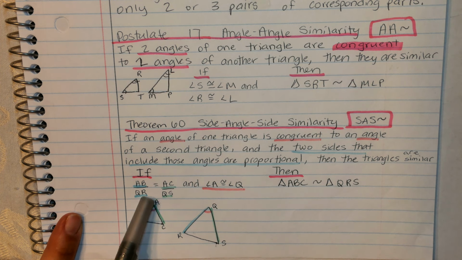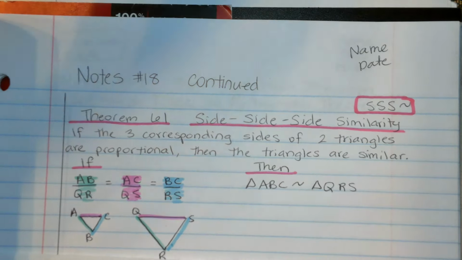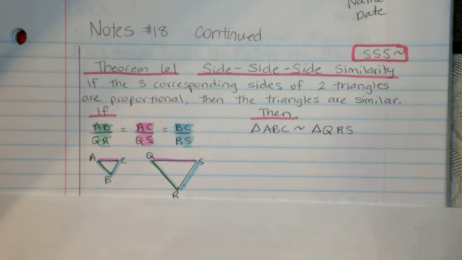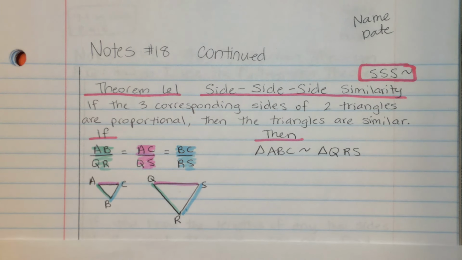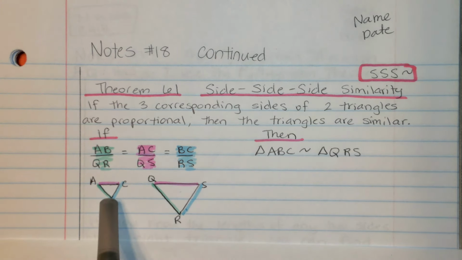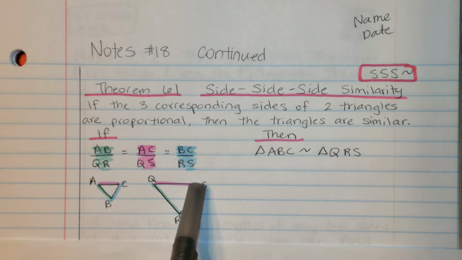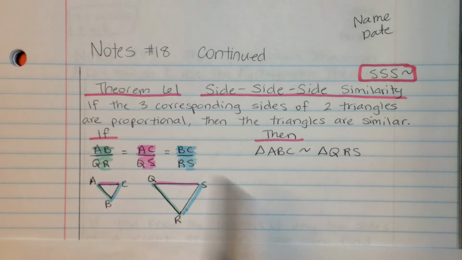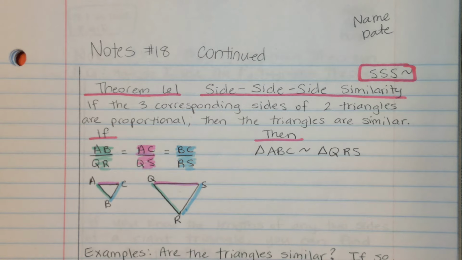So we have to see if they're proportional. And then the other one was this one, side. Okay, so side similarity. Again, we have to check every side with its corresponding side and make sure that they are all proportional. So you will probably be needing a calculator at some point.